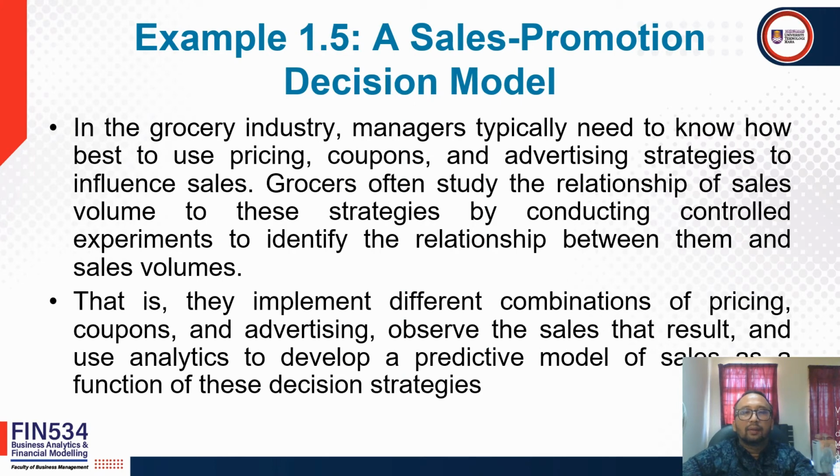Example 1.5, a sales promotion decision model. In the grocery industry, managers typically need to know how best to use pricing, coupons, and advertising strategies to influence sales. Grocers often study the relationship of sales volume to these strategies by conducting controlled experiments. That is, they implement different combinations of pricing, coupons, and advertising, observe the sales that result, and use analytics to develop a predictive model of sales as a function of these decision strategies.